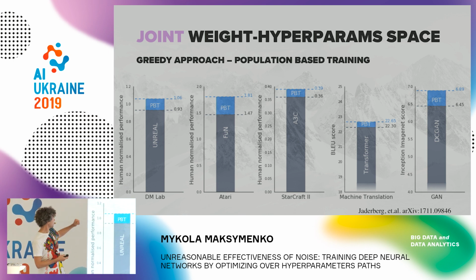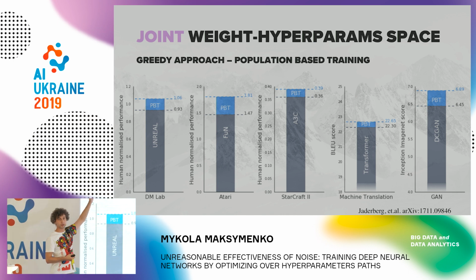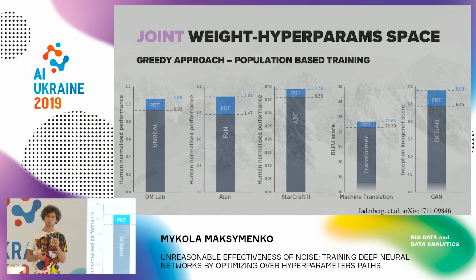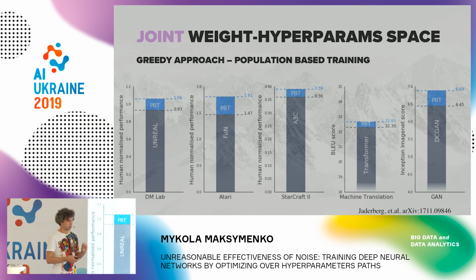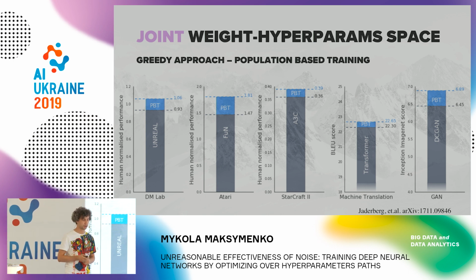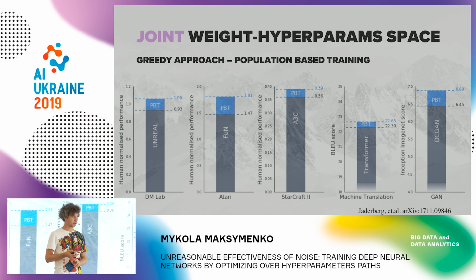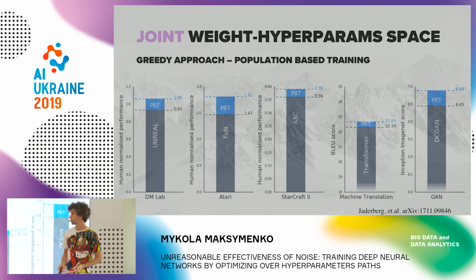As I showcased, this is a greedy approach, so it's still very much dependent on the initial conditions that we started with. There is no guarantee that it will explore this space correctly, because we always exploit. The exploration part is very uncontrolled here. They also claim in their paper that unfortunately they cannot guarantee that it always works.